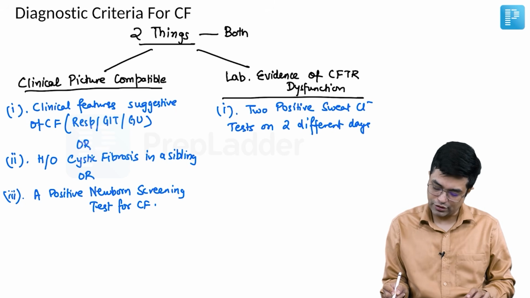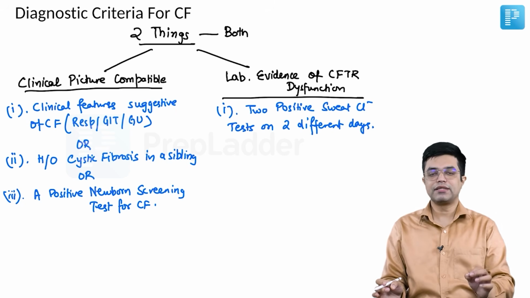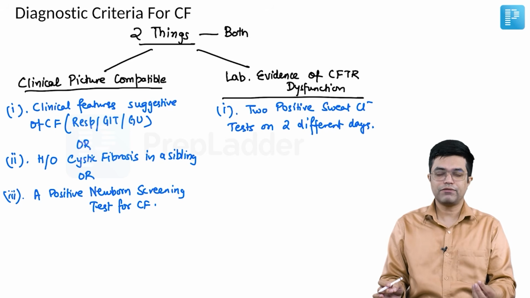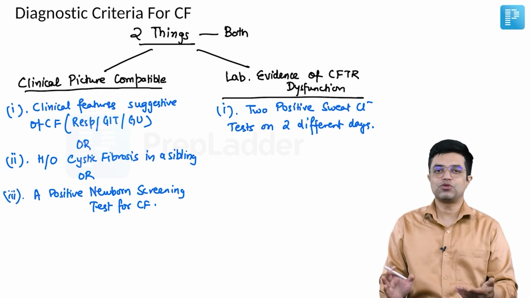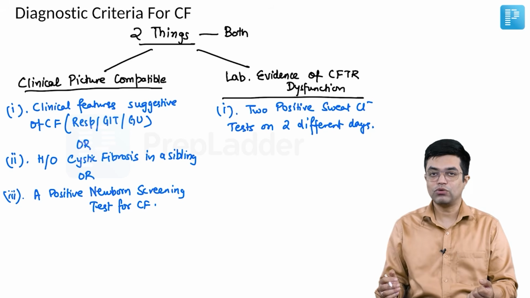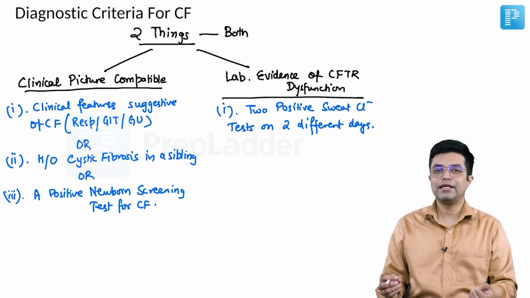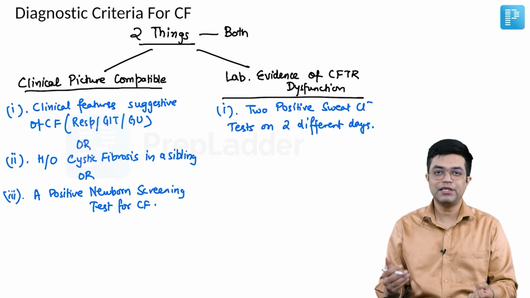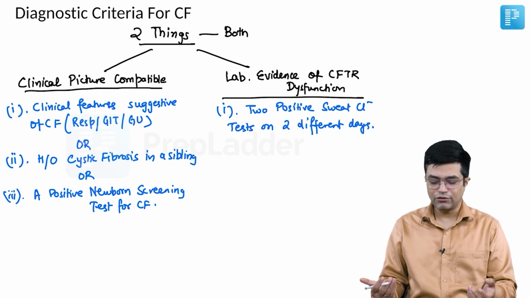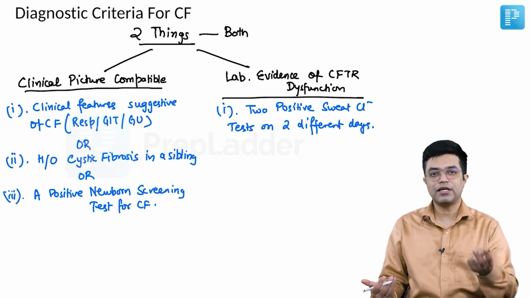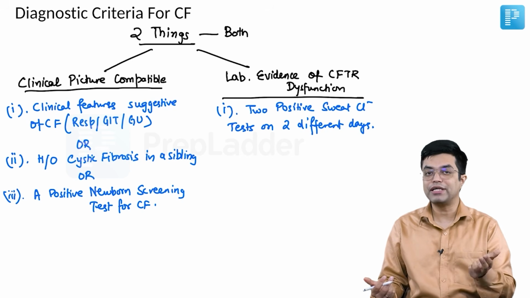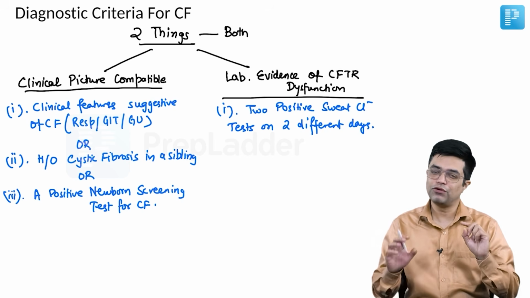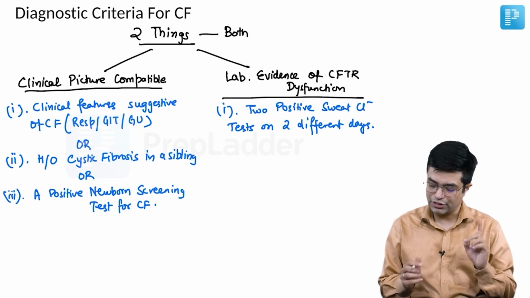We know that for older children and adults, the screening test of choice is sweat chloride test, where you check for the amount of chloride in sweat after doing pilocarpine iontophoresis, and if the amount of chloride in that sweat sample is more than 60 millimoles per liter, that is suggestive of CFTR dysfunction. So if there are two tests performed on 2 separate days, they are found to be positive, that is considered to be a criteria fulfilling lab evidence of CFTR dysfunction.